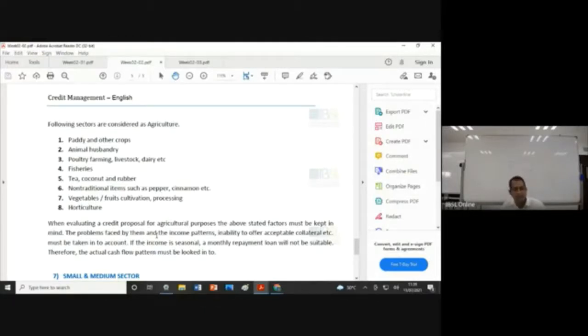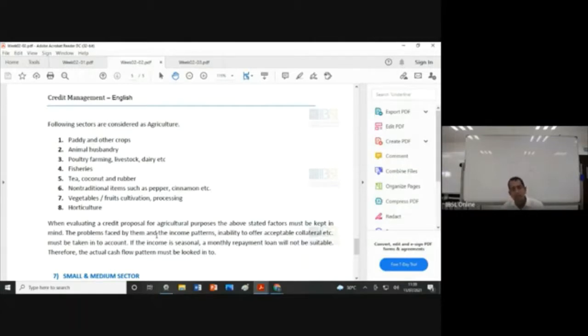financials, right? The other thing on agriculture is you can't have standard monthly repayment schedules. See, broiler farms, every 45 days, you will have the harvest coming in. Paddy, you have Yala and Maha seasons.